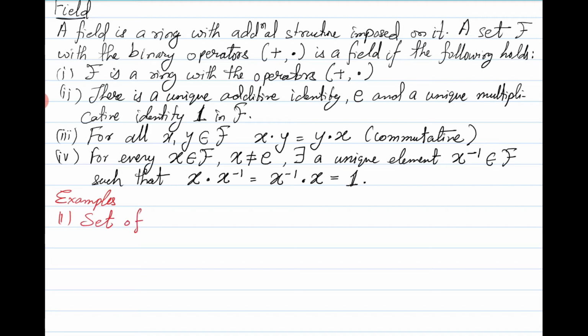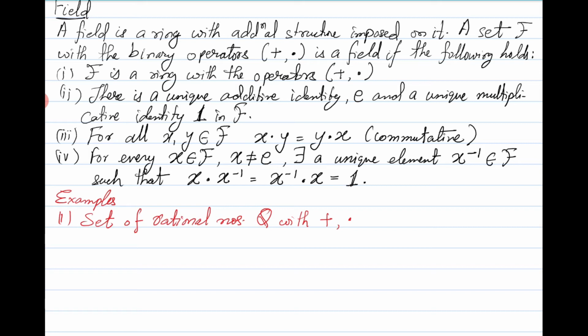So if you consider the examples, the set of rational numbers, Q, with the addition and the product operation. The multiplicative identity element is 1 and the additive identity element is 0. We know that the set of rational numbers is a ring, and the product operation is commutative, so it is a commutative ring.